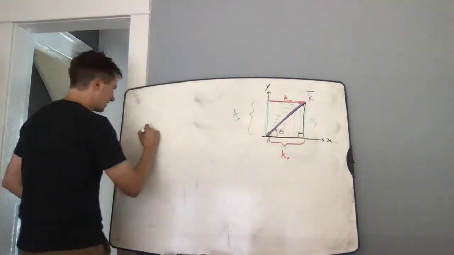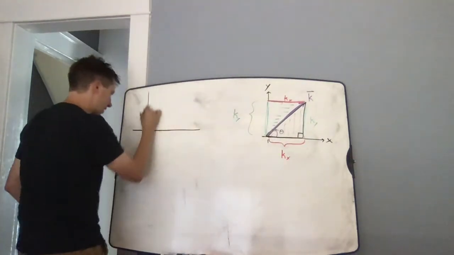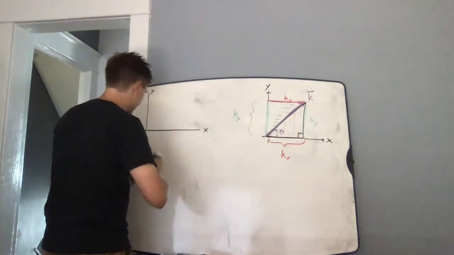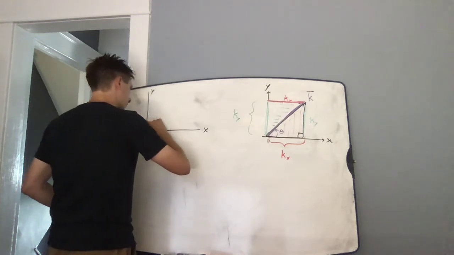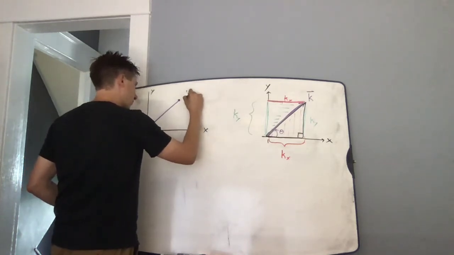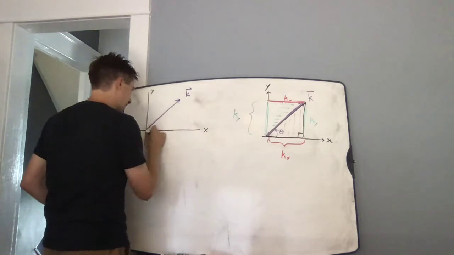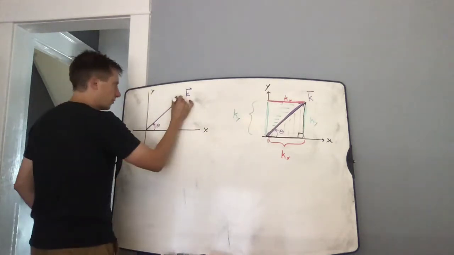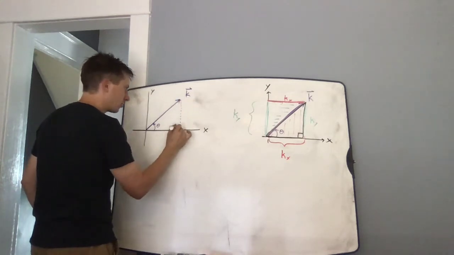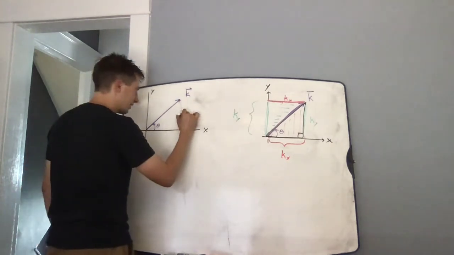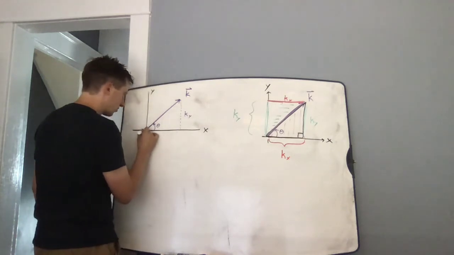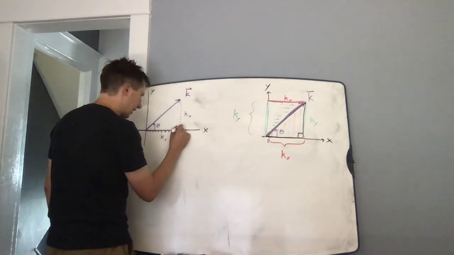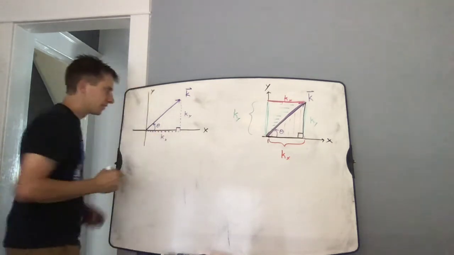So if I say here is my x and my y axis again, and here is my vector k, and here is this angle theta. Well, the vertical part of this vector is ky, and the horizontal part of this vector is kx. And here is a right angle.